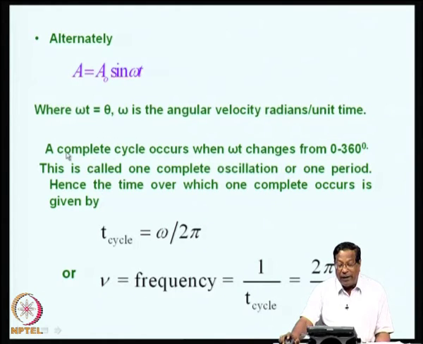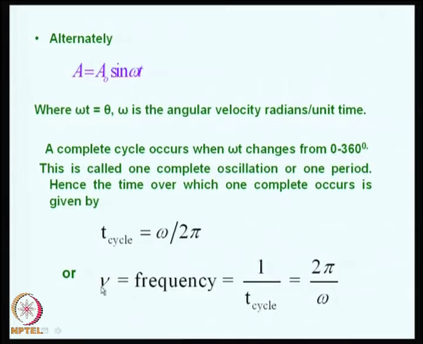A complete cycle occurs when ωt changes from 0 to 360 degrees. This is called one complete oscillation or one period. Hence, the time over which one complete oscillation occurs is given by T = 2π/ω, or the frequency ν = 1/T, that is ω/2π.